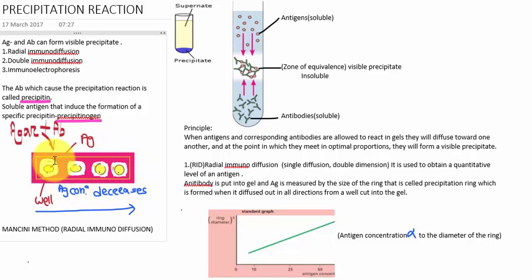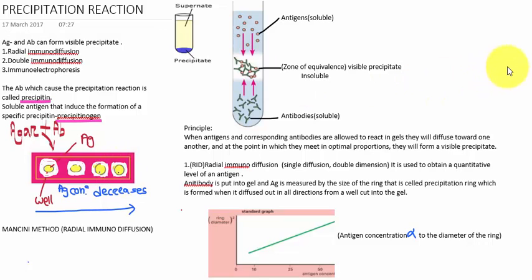It forms a precipitation ring or the equivalence point, whose diameter is directly proportional to the antigen concentration. So in this case, the precipitation ring is quite smaller than the first one, as the antigen concentration is less than the first one, and in this case the concentration is least.